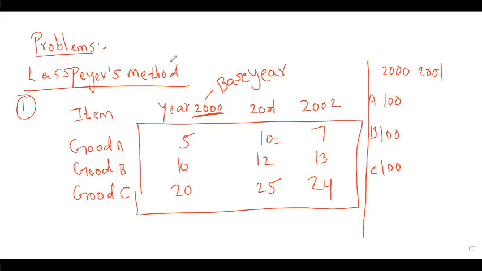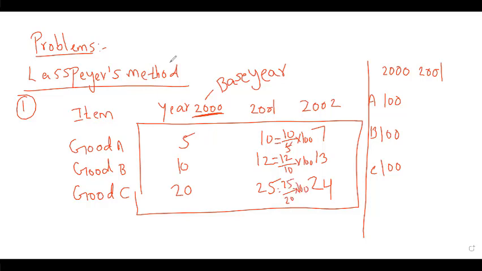I need to find out how much year 2001 has increased. So what should I do now? 10 by 5 into 100. This is what we did yesterday. Then, to find out here, 12 by 10 into 100. Here, 25 by 20 into 100.